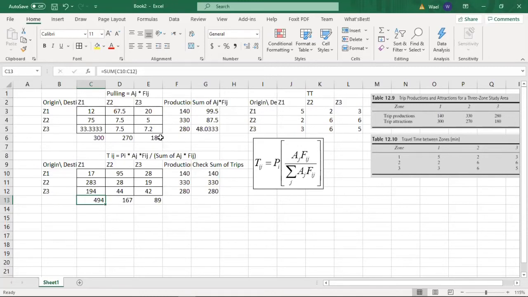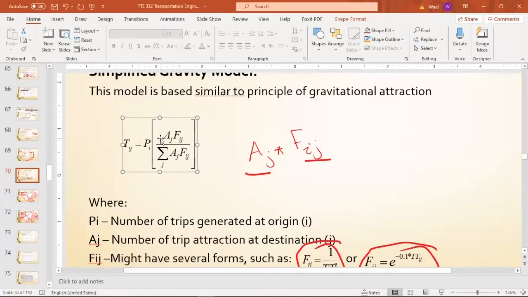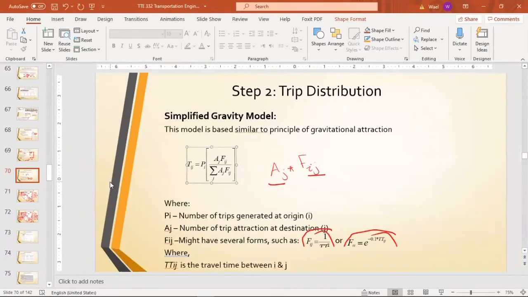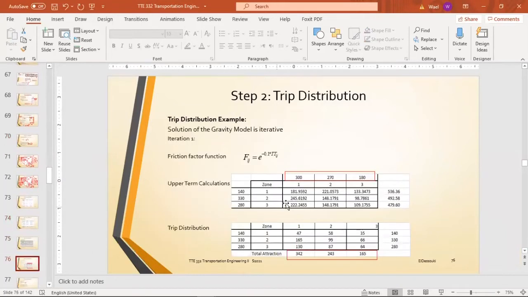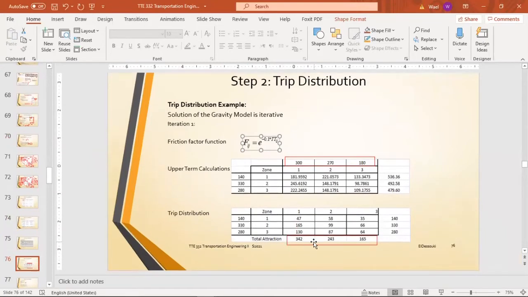Okay, let's go back to the slides and see how we shall do this. Here's an example where we were using a negative exponent, and the total attraction in this case was again different than the original attraction. So we had to recalculate the whole thing again.